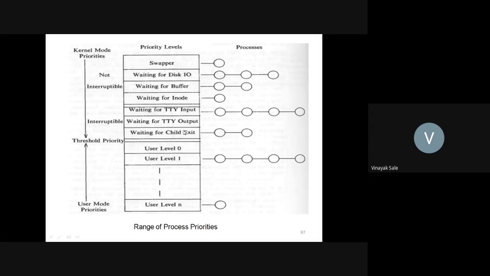These are the priority levels in user mode: user level 0, user level 1, up to user level n. And on the right side, these are the different processes.